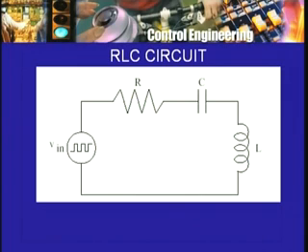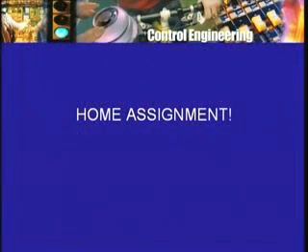The RLC series circuit can be used to model the mass spring dashpot system. And one way of doing it, seeing that it's a model, is by writing down the set of equations that govern the behavior of each one. And this is an exercise which you should carry out. So this will be a home assignment for you.